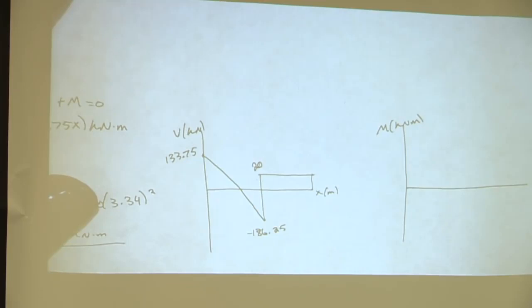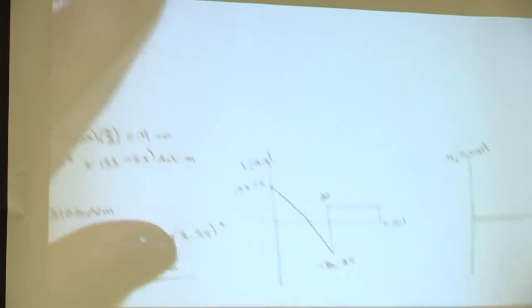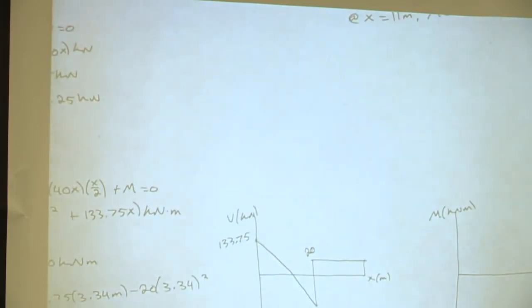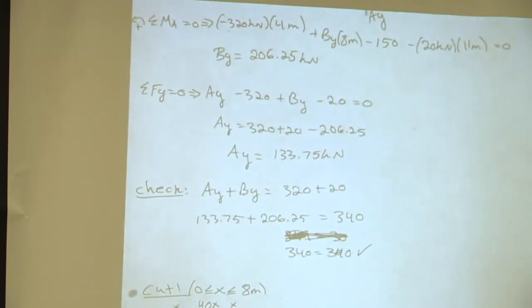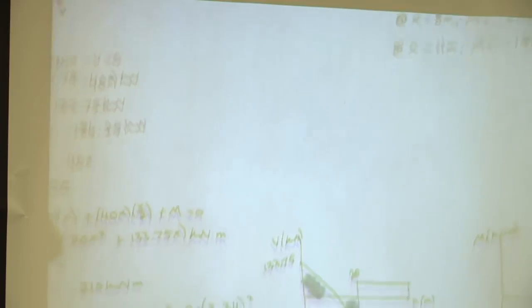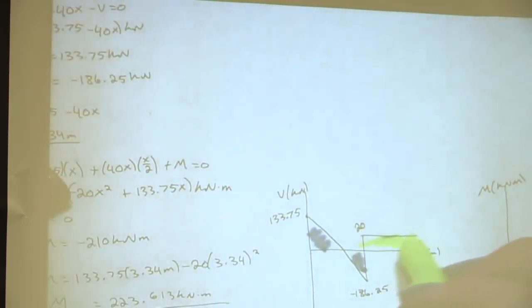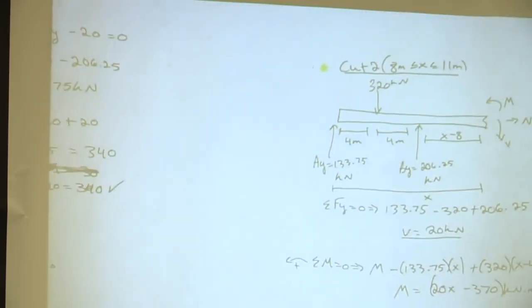So then we're back at 0, and what can that tell us? It's at equilibrium. Awesome, so it tells us that it's at equilibrium, so that's one way to check to make sure that it's good. So I'm going to color this. We determined this part from cut 1 in blue, and then cut 2 was right here.